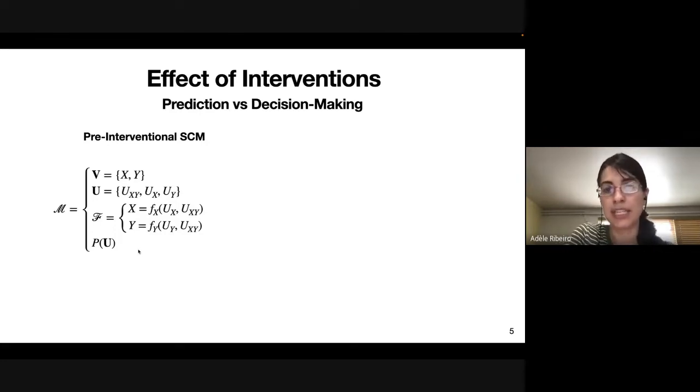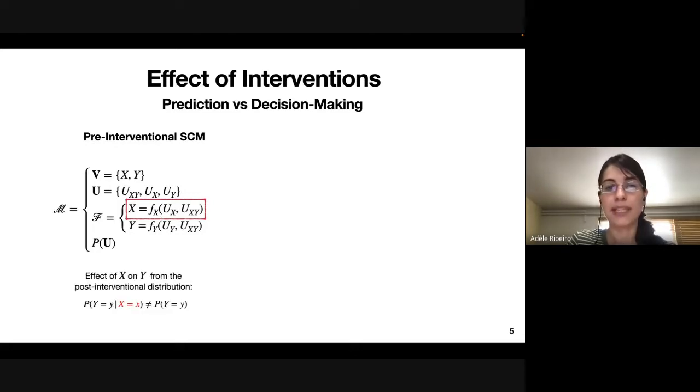So this is the data generating model, and all the functions are as nature created them. In this case, for example, x is a function of u_xy and also a few other unobserved variables. But collecting data from this observational world, this is from the pre-interventional distribution.